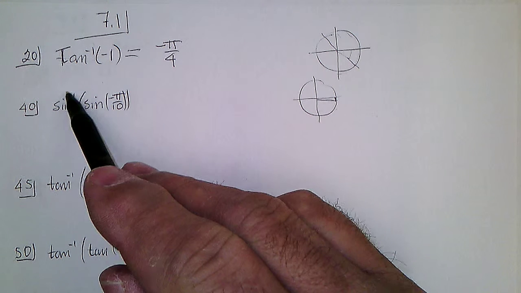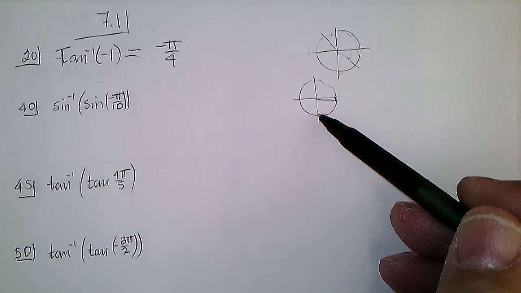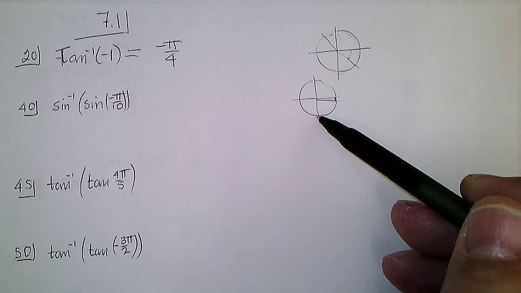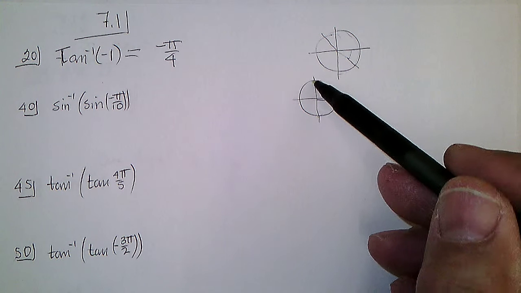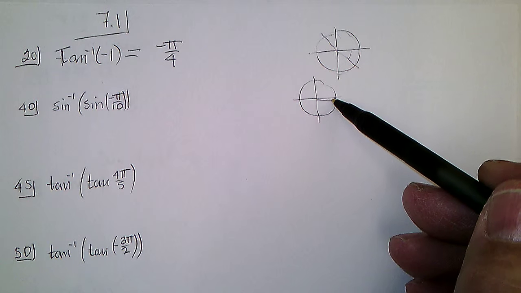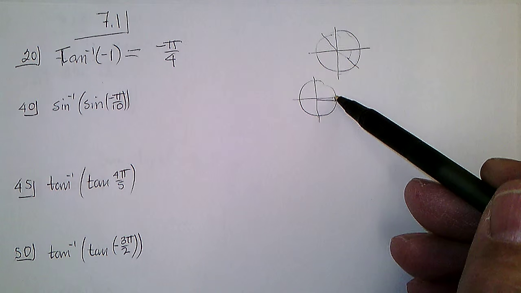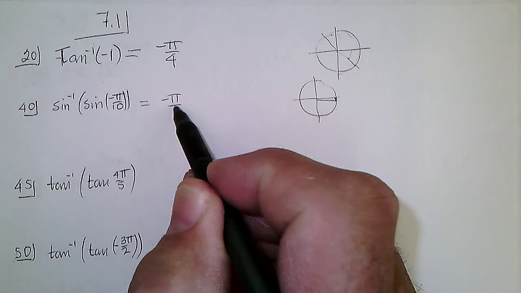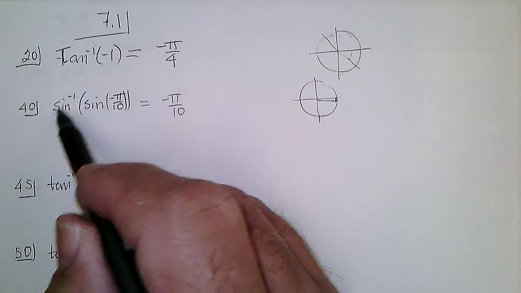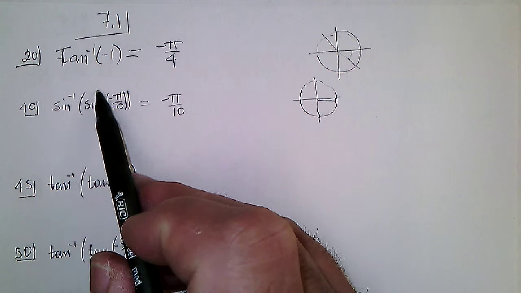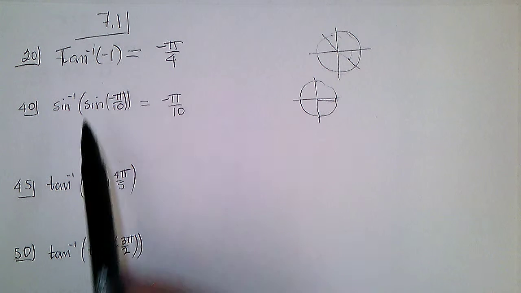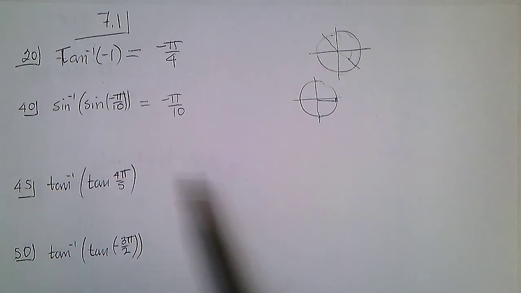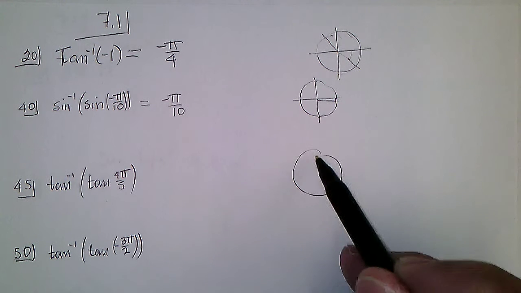Now find an angle from -pi over 2 to pi over 2 where the sine is that size, and that would be -pi over 10. So these basically cancel, but you've got to be careful because they don't always just cancel. And this might be a case where that's true.